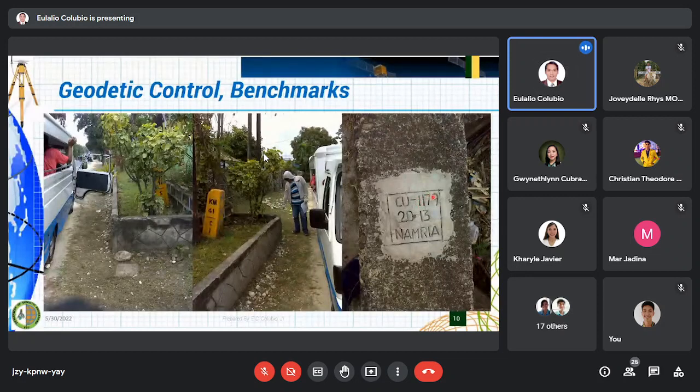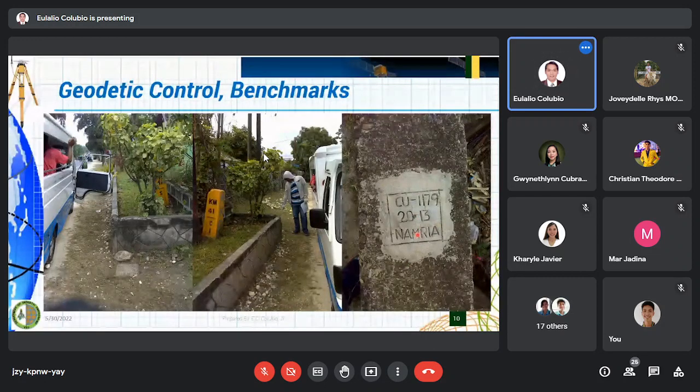A four-digit control number means it is a fourth order vertical geodetic control. There is also the year established, and the center marker, usually a nail, a bronze nail, or in some cases a screw. And the entity that established the monument.